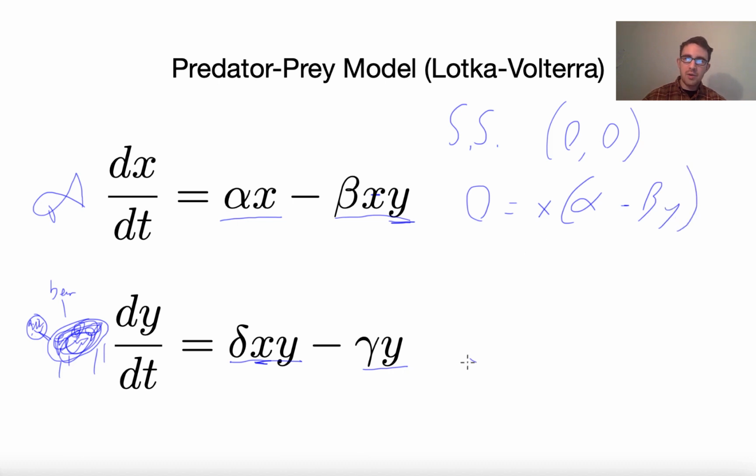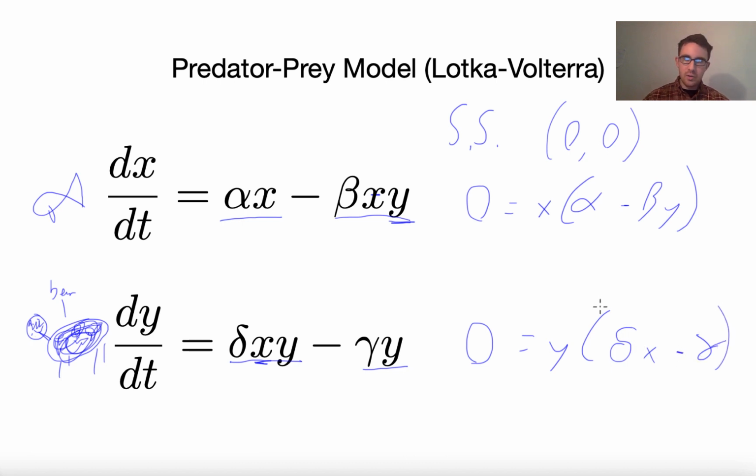And then for this equation, we can pull a y out, and we get y times delta x minus gamma.